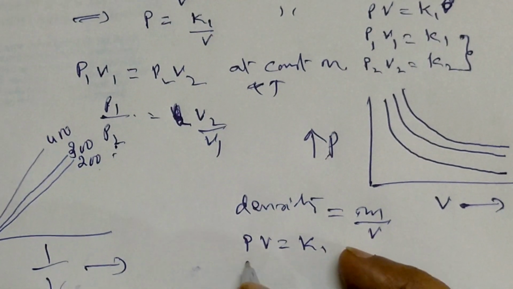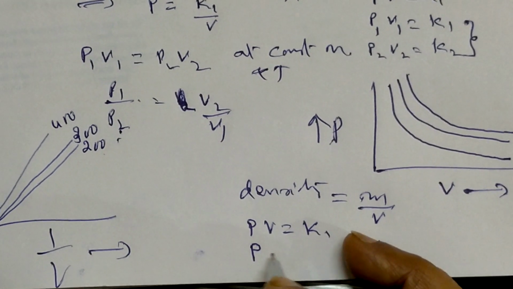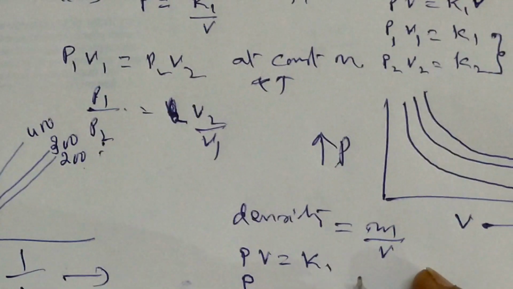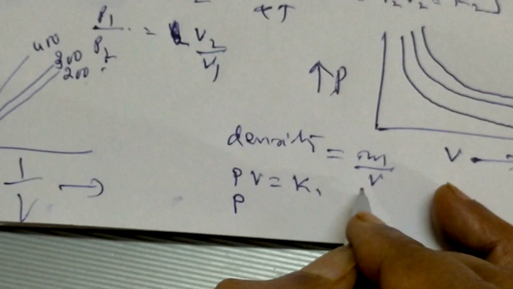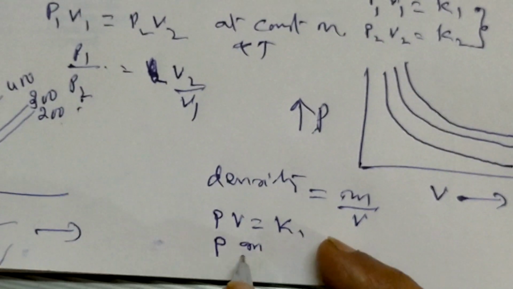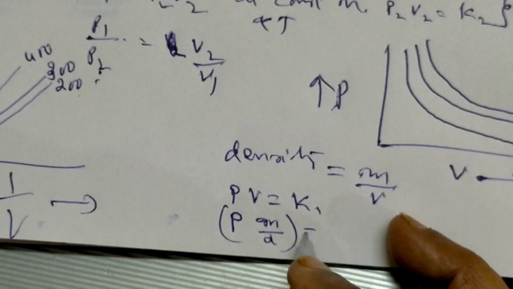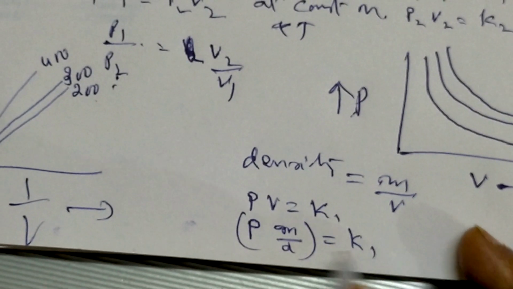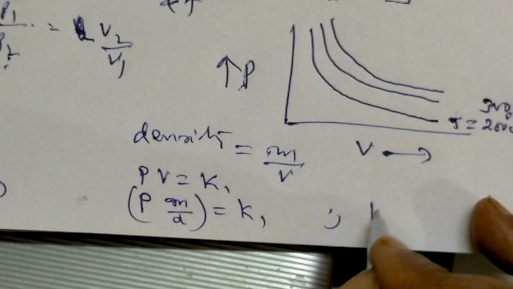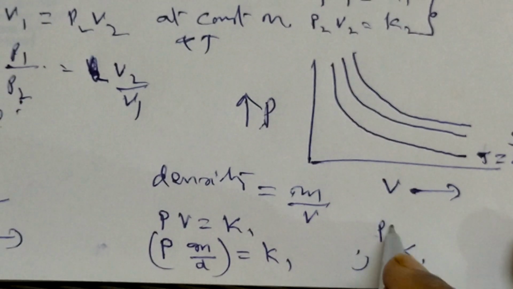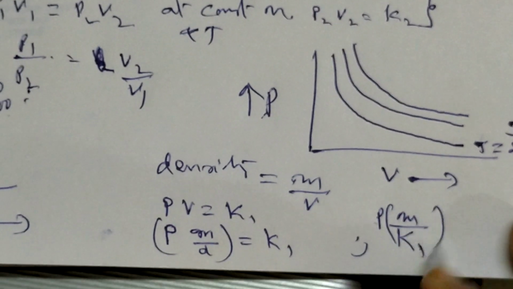P I am taking as it is, and 1 by V I am replacing with D by M, since D equals M by V. This is K1. So on rearranging, K1 by M equals P by D.